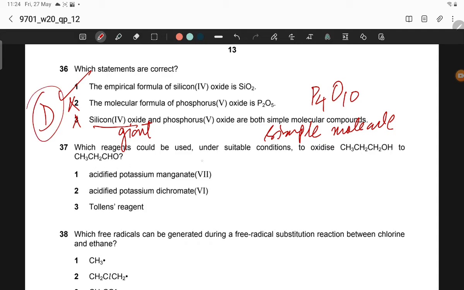Which reagent could be used under suitable conditions to oxidize CH3CH2OH? Acidified potassium manganate and acidified potassium dichromate. B option is correct.